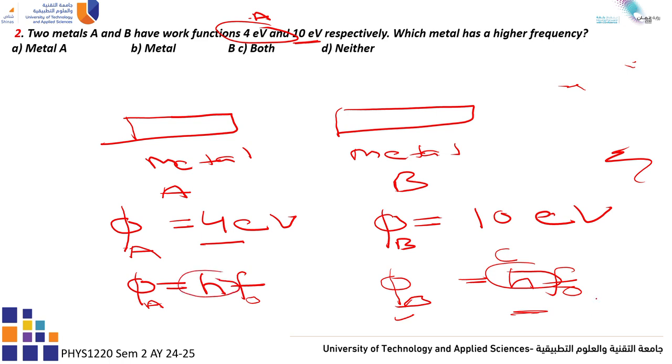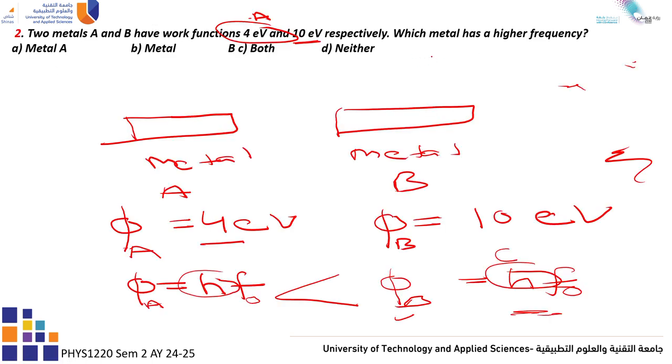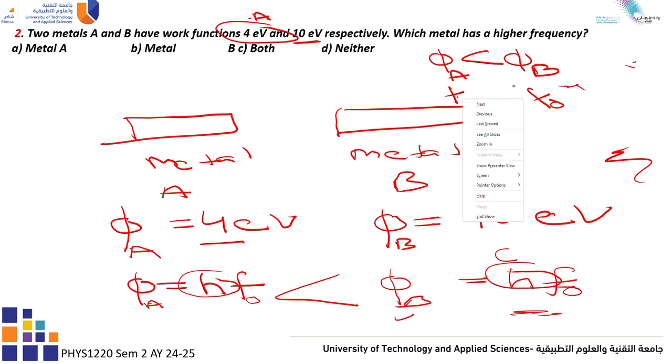So we know the work function of B is more than A. It means the frequency of B and the frequency of A: definitely the frequency of B is more.